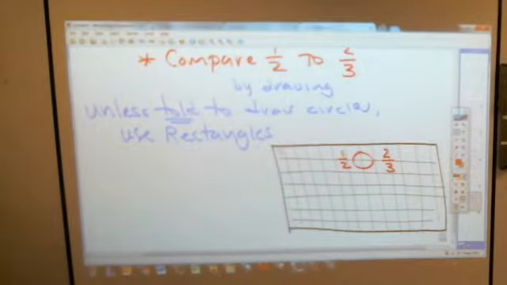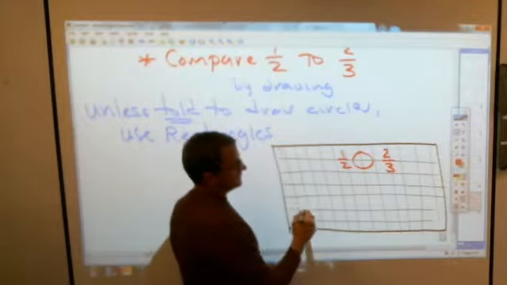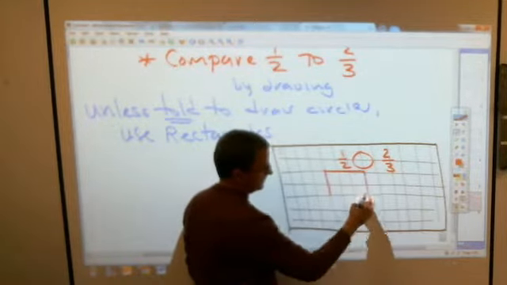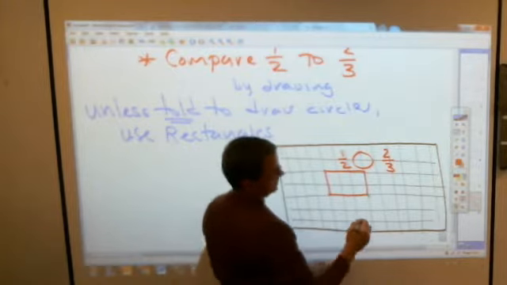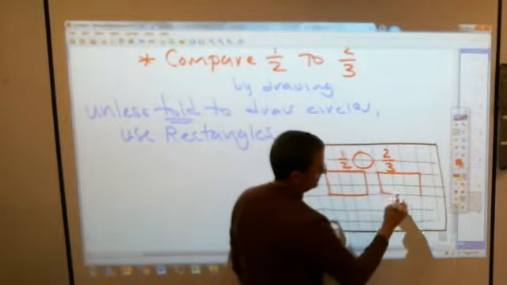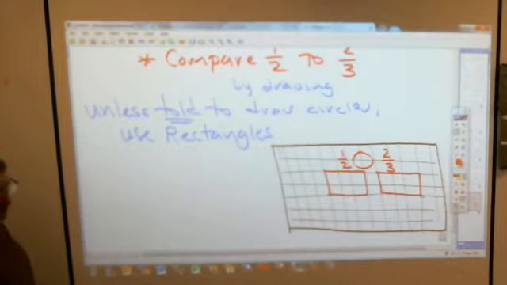The key, first of all, is to start out drawing 2 identical rectangles, which means you're not just going to willy-nilly throw it out there. You're going to make these as close as humanly possible to perfectly the same size. So I would probably make a 2x3 rectangle, and my other rectangle is going to be a 2x3 rectangle. You can tell my squares aren't exactly right, but they're as close as humanly possible to being the same size.